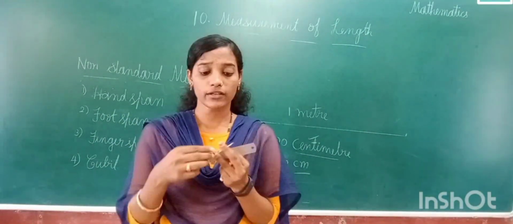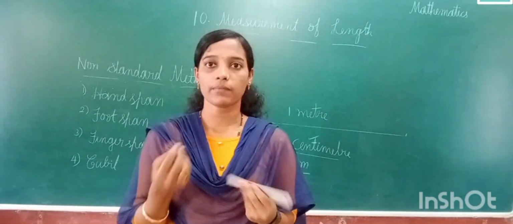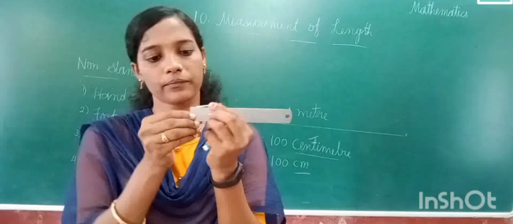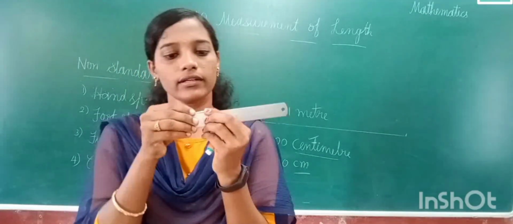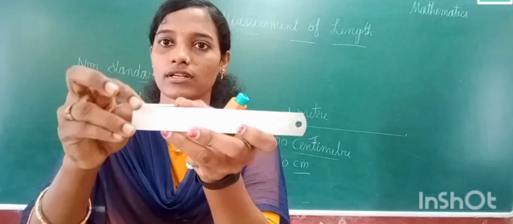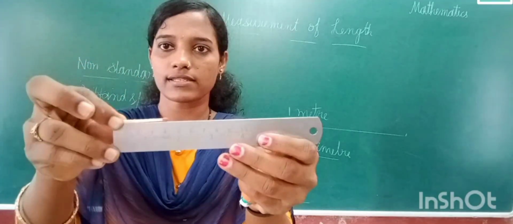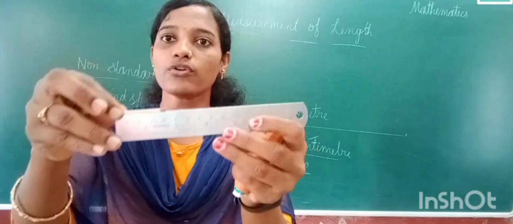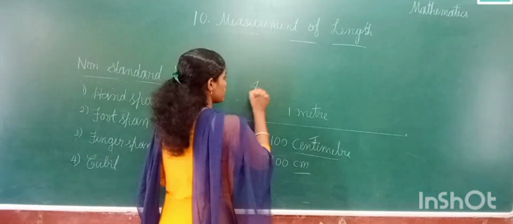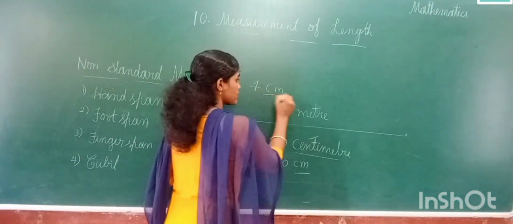This is the centimeter scale. Now what is the length of this mastics? Now I place the end of the object at 0 and it ends at 4. So the length of this mastics is 4 centimeter long. 4 cm means centimeter.